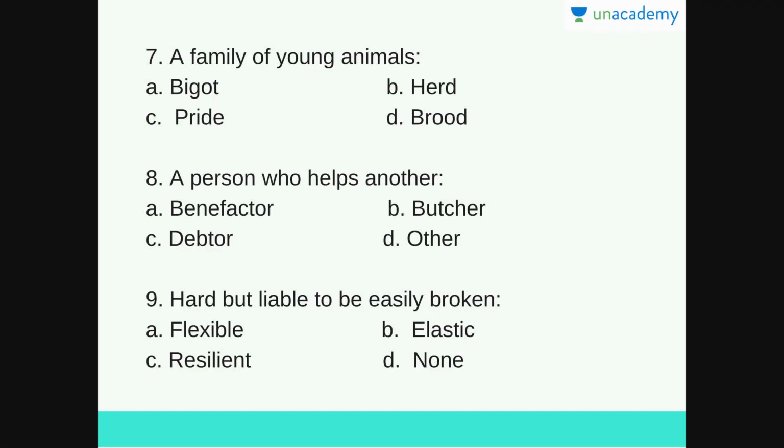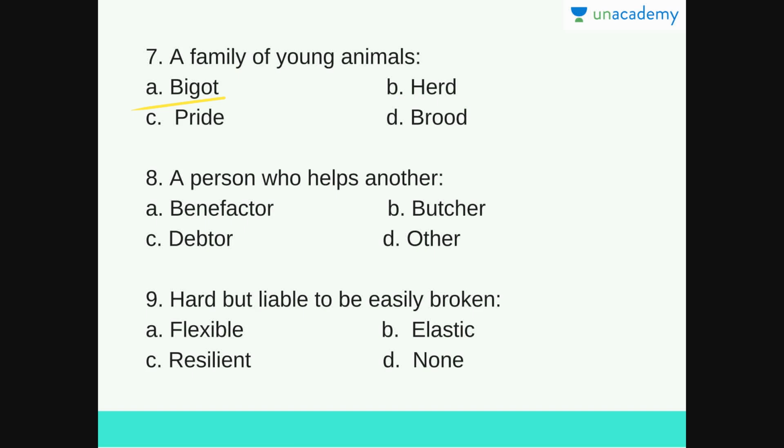Next question is a family of young animals that are born at the same time. I have forgotten to write that, but they are born at the same time. Options are bigot, herd, pride, and brood. The answer is brood, which is a family of young animals that are born at one birth.